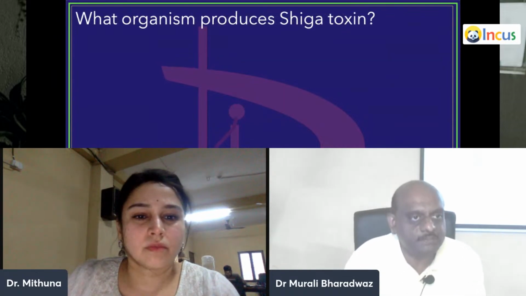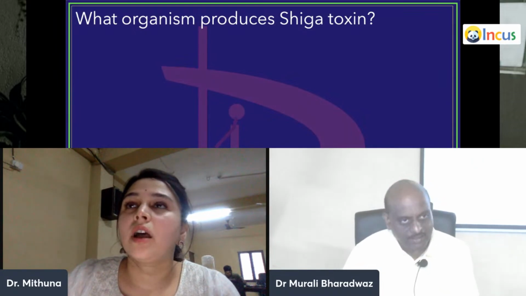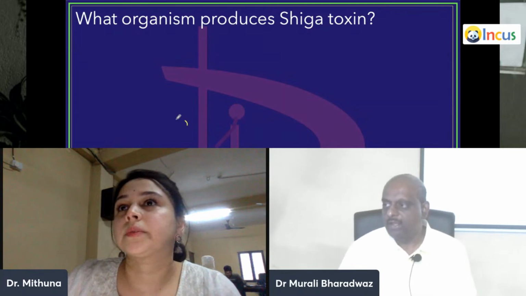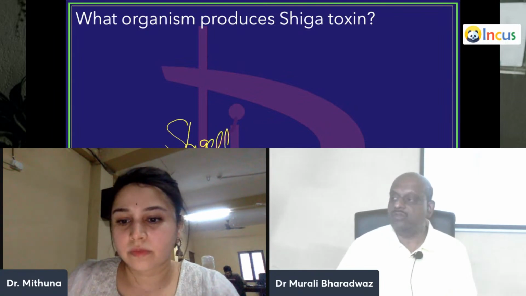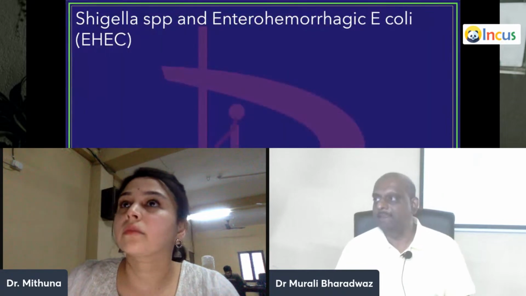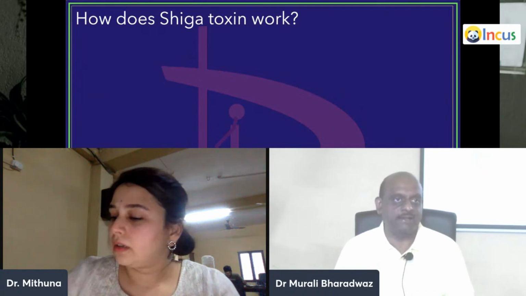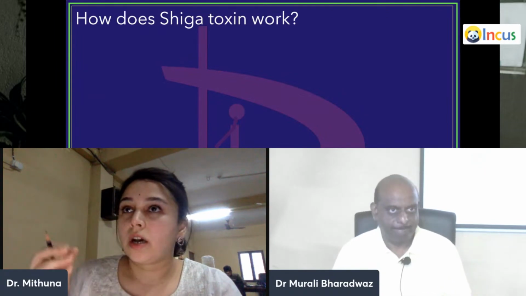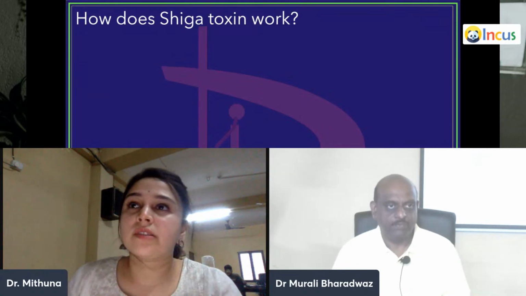What are the organisms that produce Shiga toxin? It's Shigella and enterohemorrhagic E. coli. Very good. How does the toxin work? Sir, it enters into the cell.